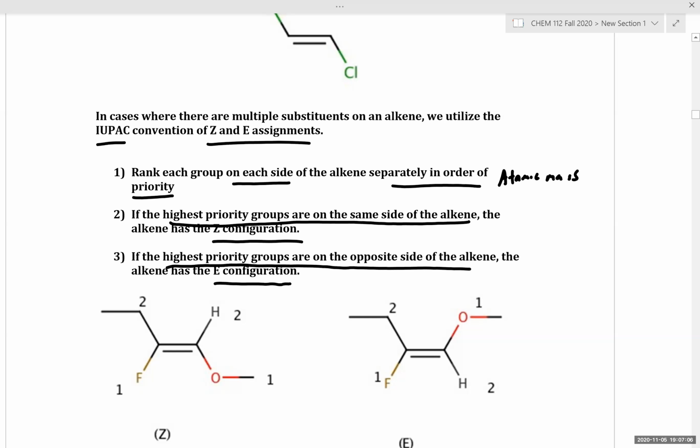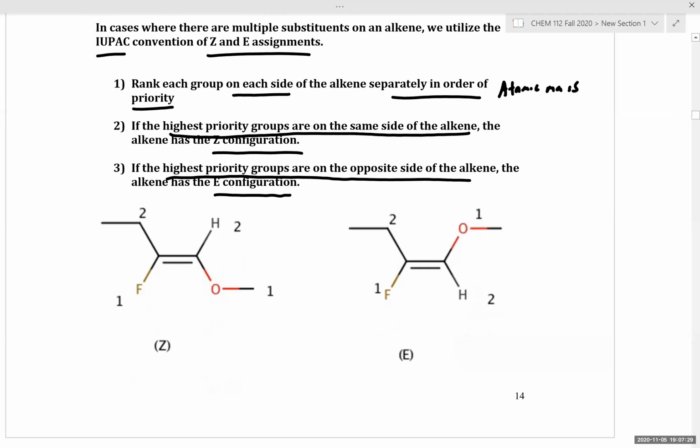Z and E are derived from German, where Z refers to substituents or objects close together on the same side, while E refers to substituents or objects on opposite sides. Okay, so for example, we have two alkenes. In this alkene, as we see, our fluorine and oxygen are our highest priority.